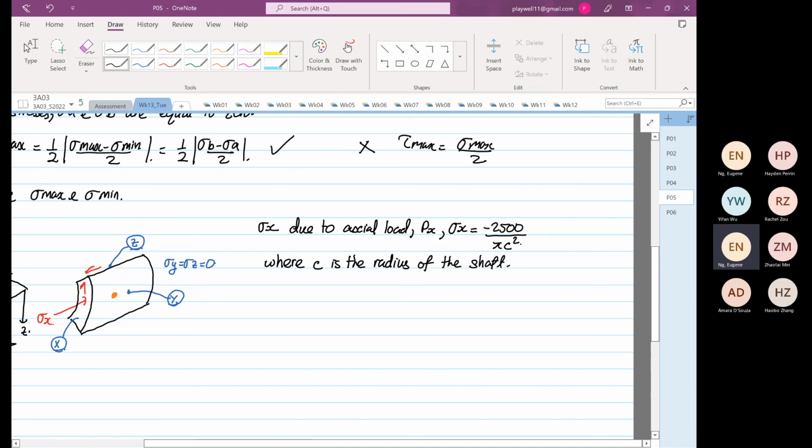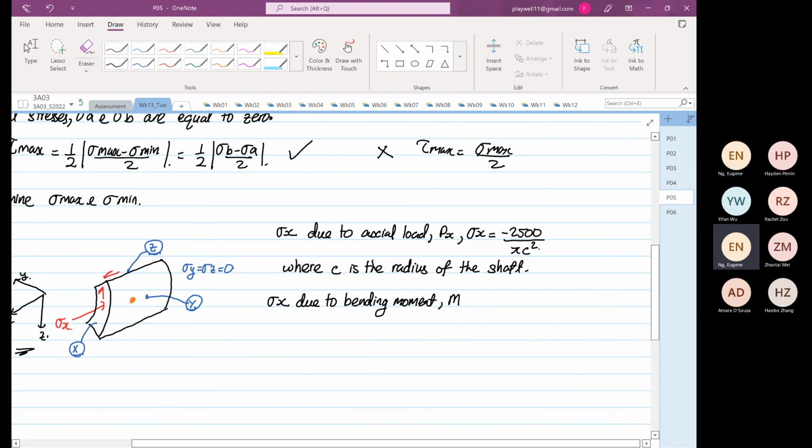Then we also have to find sigma x due to bending moment, which is your M, I think it's Mz. Wait, let me look at it. Yeah, it's our Mz.